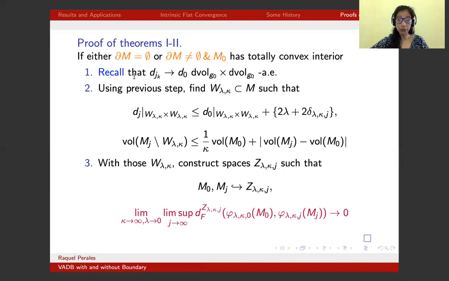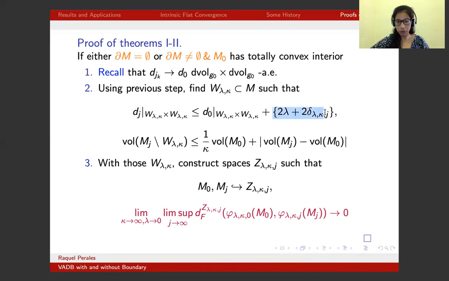So once we recall this theorem, we will use it to find sets W lambda kappa contained in M, in which the distance dj is going to be very close to the distance d0. We know that actually this distance dj is bigger than d0, but we want that in the sets W lambda kappa, dj is bigger than d0, but not too much.